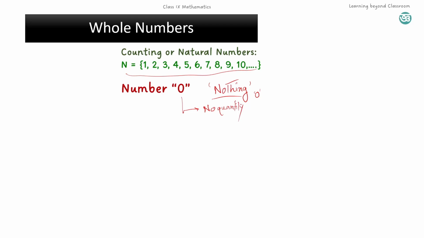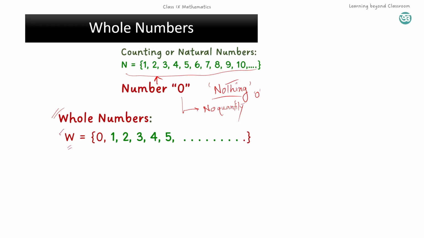If we include 0 in the natural numbers, then we get another set of numbers called the whole numbers, and we represent this set of whole numbers by the letter W. So W is the set of all whole numbers.